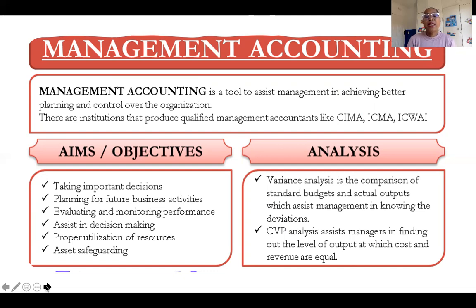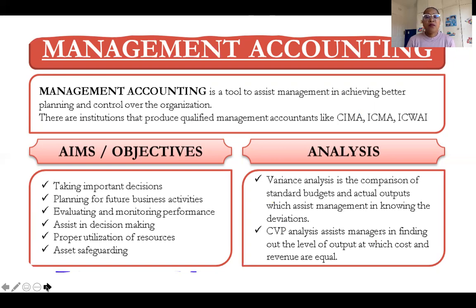Now, when it comes to the objectives and the aim, why do you want to make sure you have set up the right management accounts? Because you want to make important decisions: whether to drop a product or not, whether to close a division, whether to continue with a specific project.